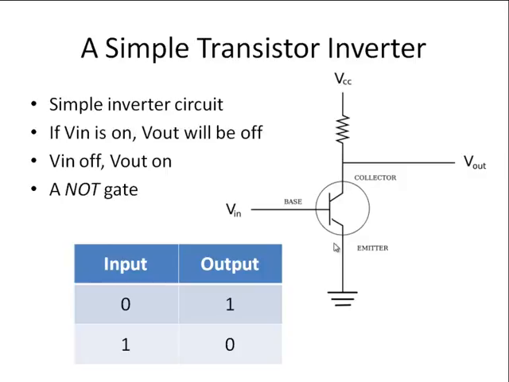This is also called a NOT gate in logic circuit terms, because the output is the inverse of the input value. The table there, where we've got a table of inputs and outputs, is also referred to as a truth table. So a truth table is one of these tables of input and output values of binary and Boolean values.